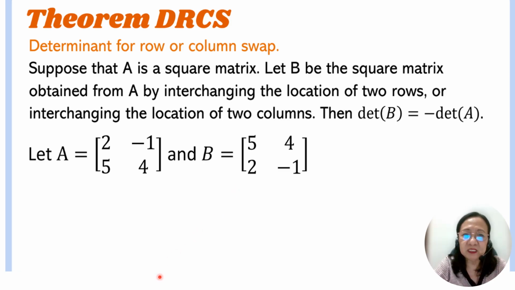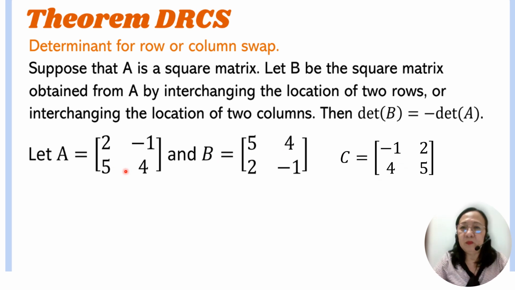So let us find now the determinant. Okay, there's another matrix in the name of matrix C. So matrix C is obtained. Okay, let us compare this to our original matrix. So we have negative 1, 2, and 5.